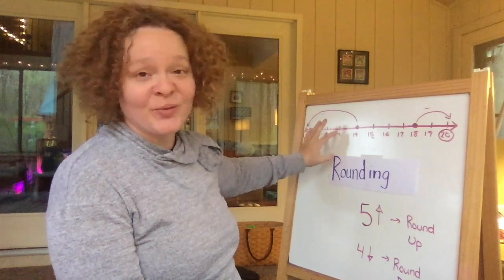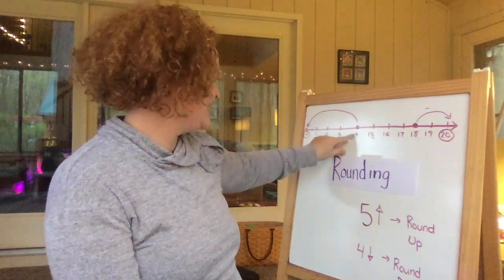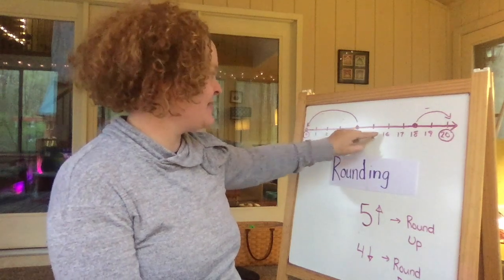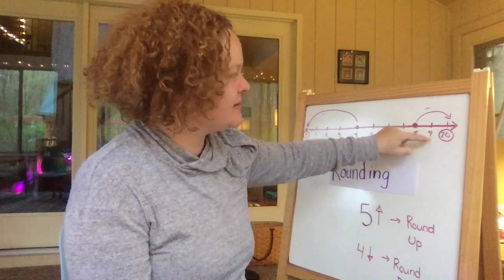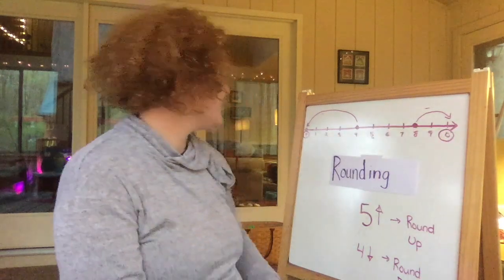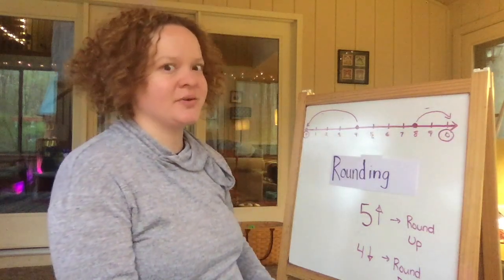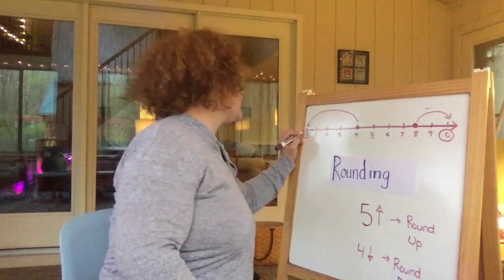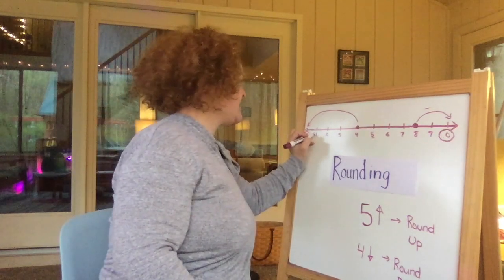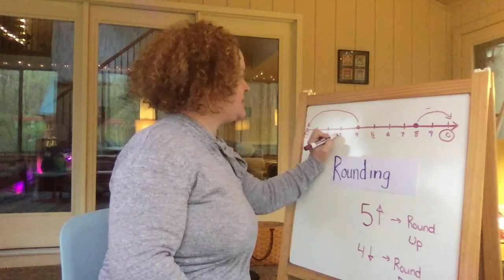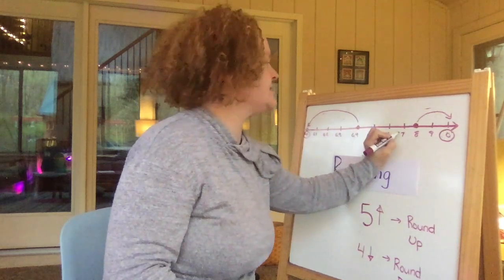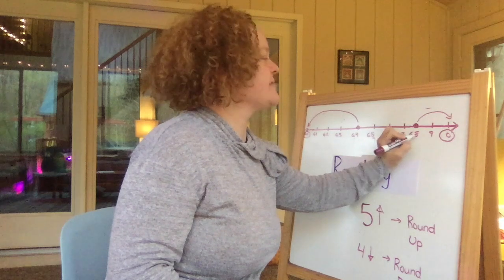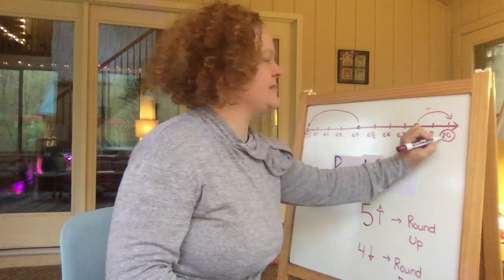Now let's get really crazy because you guys are awesome and I know you can handle it. Just changing that 1 and that little thing there. Let's do 60. 60, 61, 62, 63, 64, 65, 66, 67, 68, 69, 70.